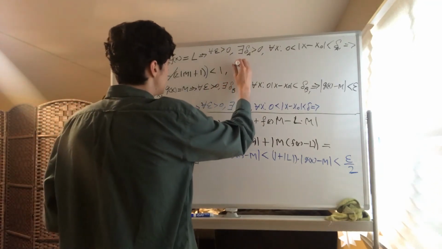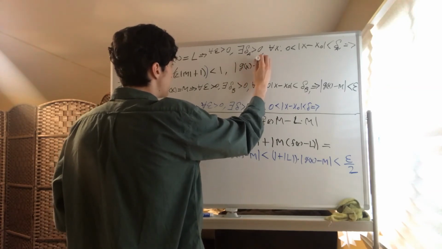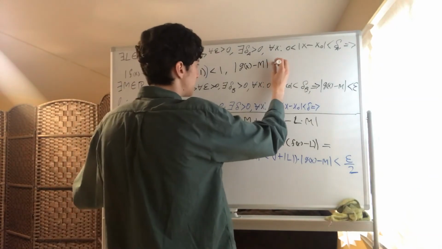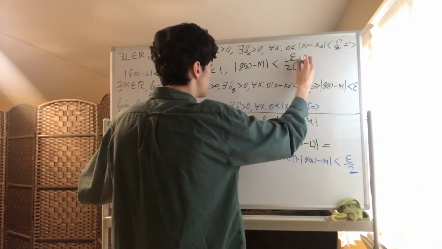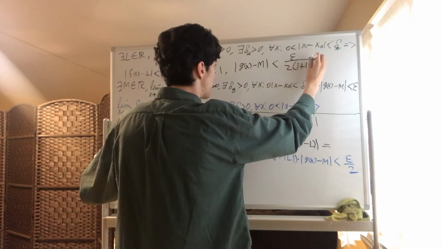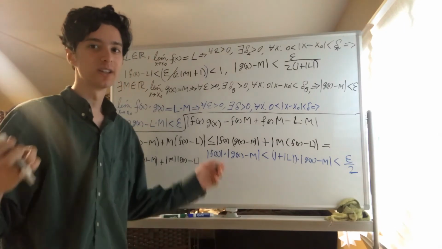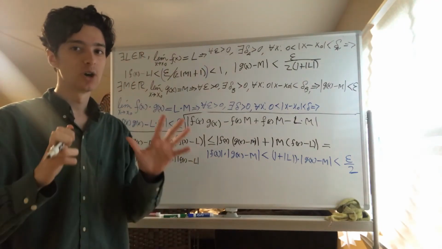This means that the distance between g(x) and m, therefore, is less than epsilon over 2 times (1 plus absolute value of L). And we see there are no issues when our L is equal to 0, because when L is equal to 0, we simply get epsilon over 2.